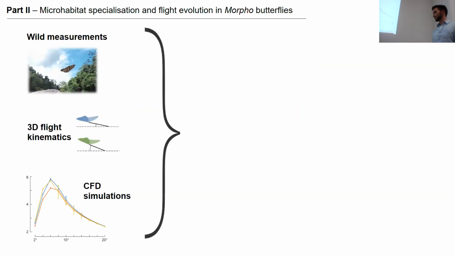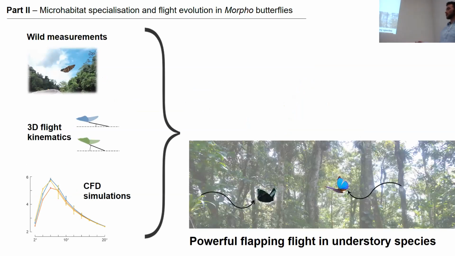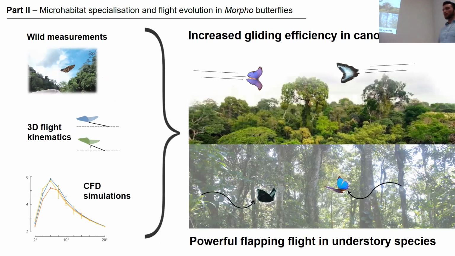So taken together, the characterization of flight in the wild, the more detailed measurement with 3D kinematics in the insectary, and the last CFD simulations suggest that while a closed environment rather promotes powerful flapping flight, evolving in an open environment results in increased gliding efficiency.